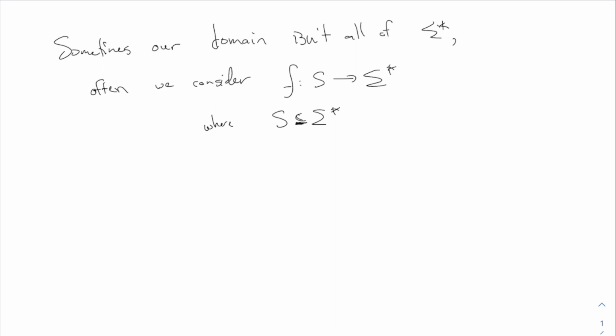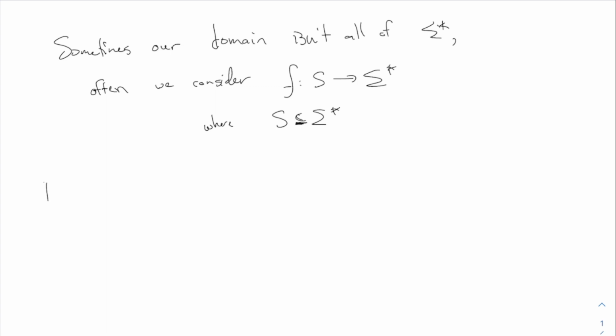This is like when you're writing a real-life program in a real-life programming language. The compiler is not supposed to do stuff no matter what you type for your code. Your code has to somehow obey certain structures. And so the domain typically is not all possible strings, but it's some subset of strings. Anyway, let's try an example like this.